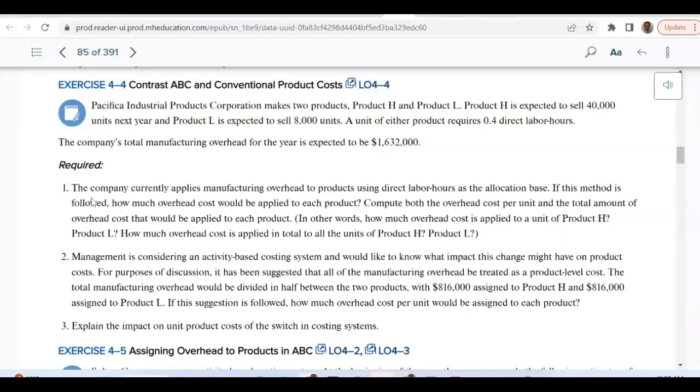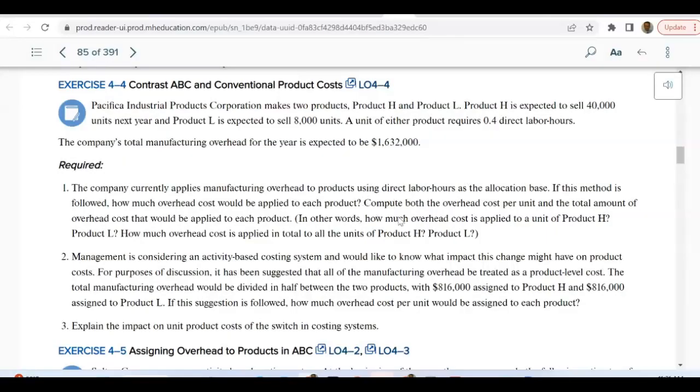Required: The company currently applies manufacturing overhead to products using direct labor hours as the allocation base. If this method is followed, how much overhead cost would be applied to each product? You see each product needs 0.4 direct labor hours, so it will be almost the same allocation, right?